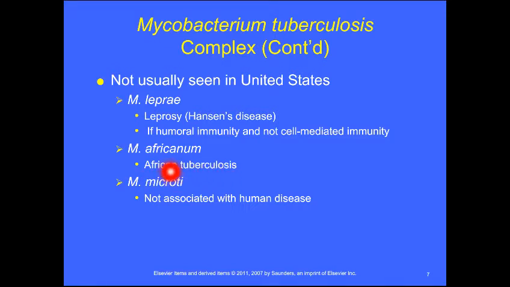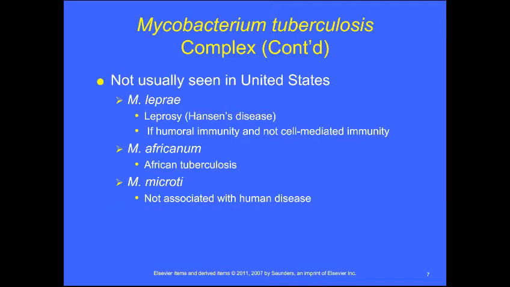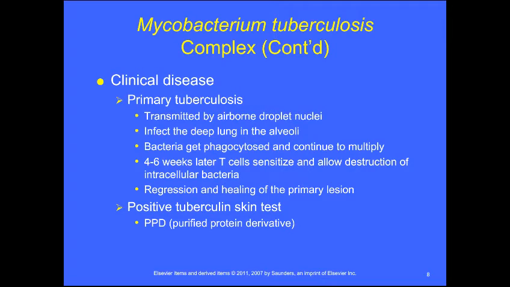So, it is the causative agent of tuberculosis in Africa. M. microti, this one is not associated with any human disease. If you notice, it says usually seen in the United States, simply because our reference is Mahon. Mahon is from the States, that's why he says that. Okay?